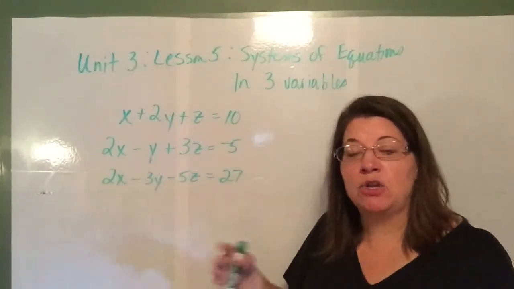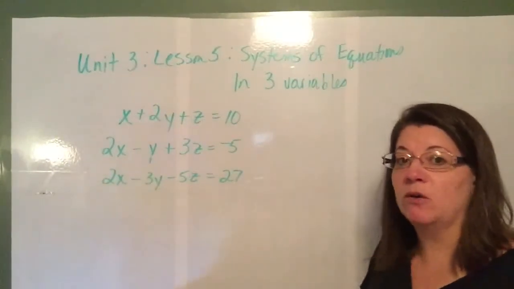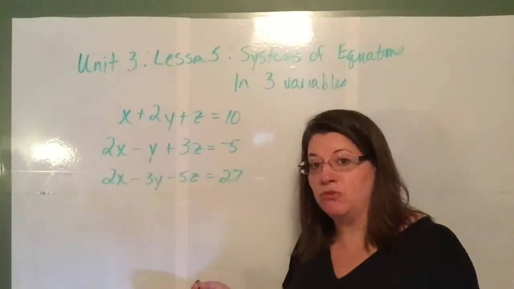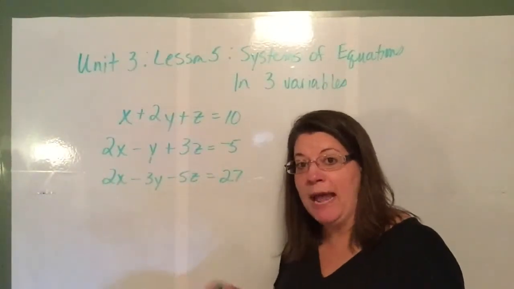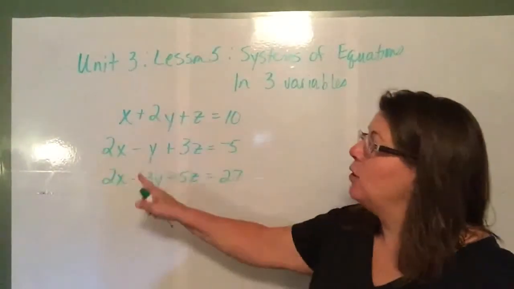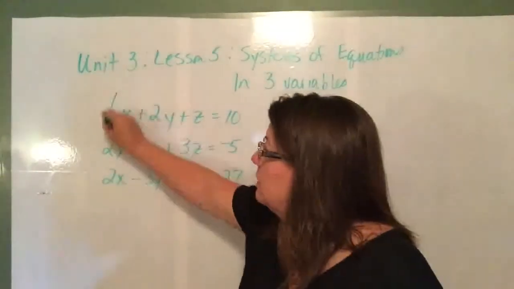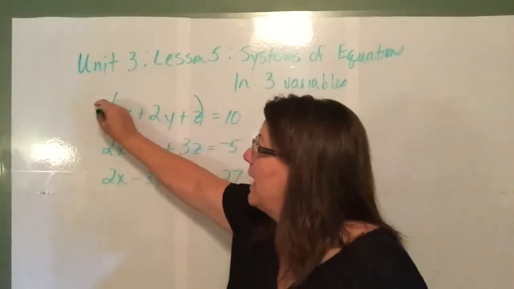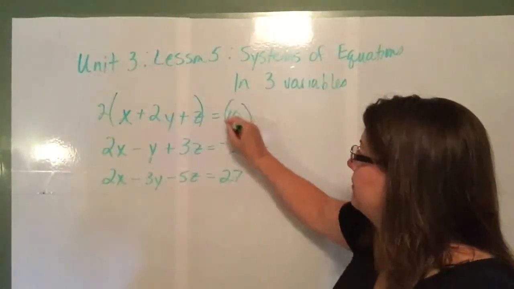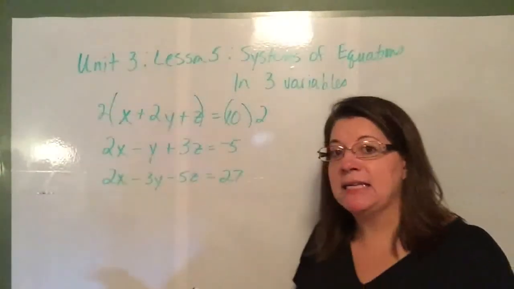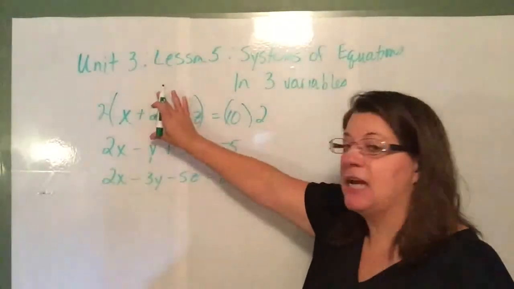It doesn't really matter. You can do the same or opposite. It just depends on whether, if they're the same, you would subtract to get rid of them. If they're opposites, you would add to get rid of them. So I'm going to multiply this equation by a 2 so that I can force all of my x's to be the same. Once I do that, I'm not going to worry about that top equation anymore.